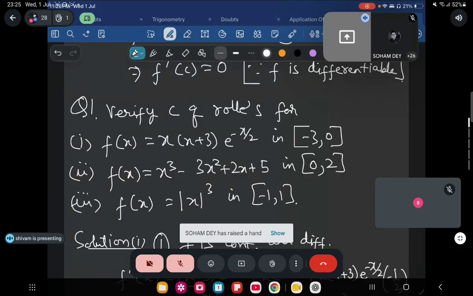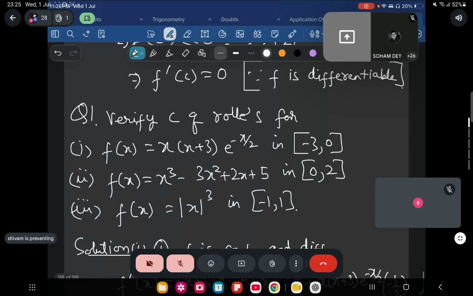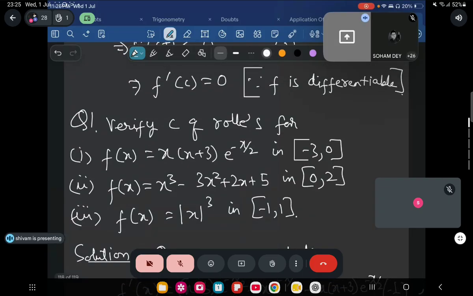Anvesha, third one is correct. Vaibsha, second one is correct. Sohan, second one is correct. Socrates, third one is correct. Samragni, third one is correct.